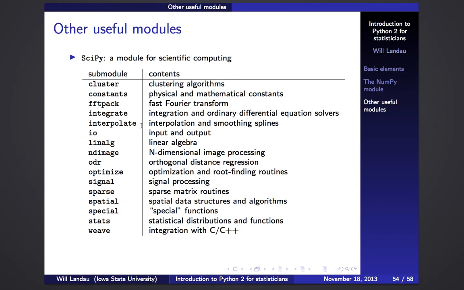A lot of neat stuff for scientific computing. There's matplotlib as well, which is for graphics. This has been around for a long time. There's been a lot of great graphics work done in Python. It's built on top of matplotlib, and you should check it out.